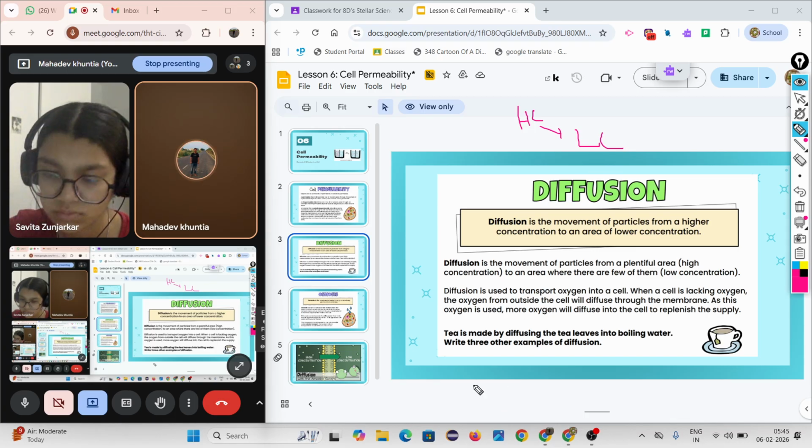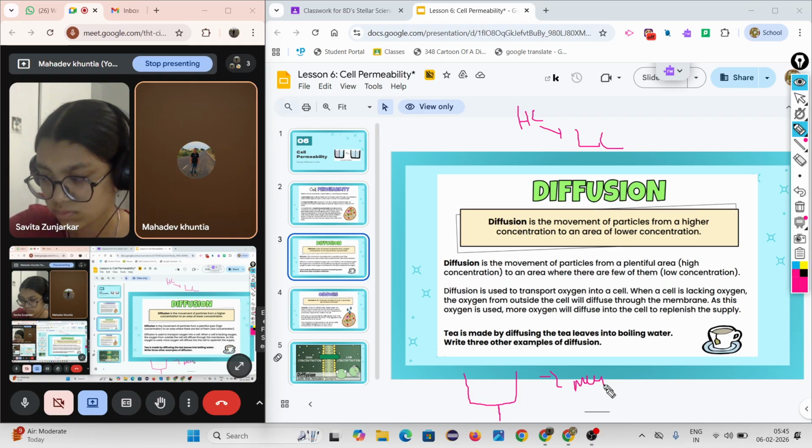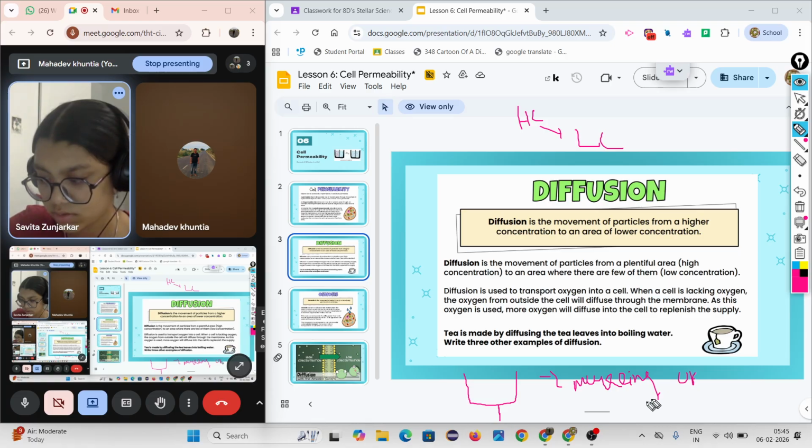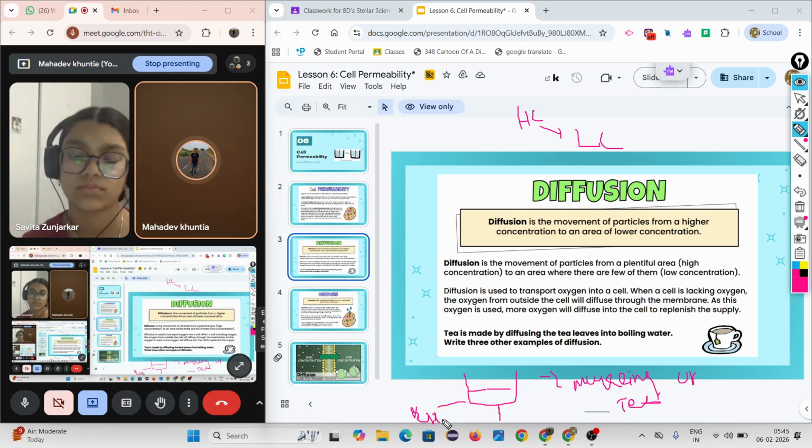Look at another example. During the making of tea, what are you doing? You are boiling the water. After boiling the water, you are putting in tea leaves.